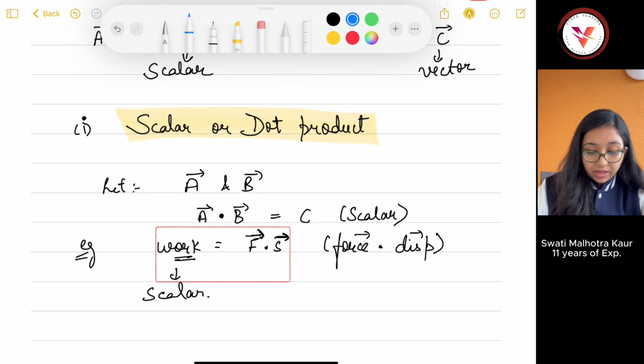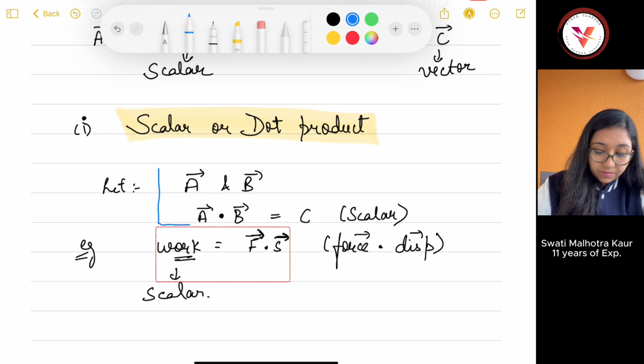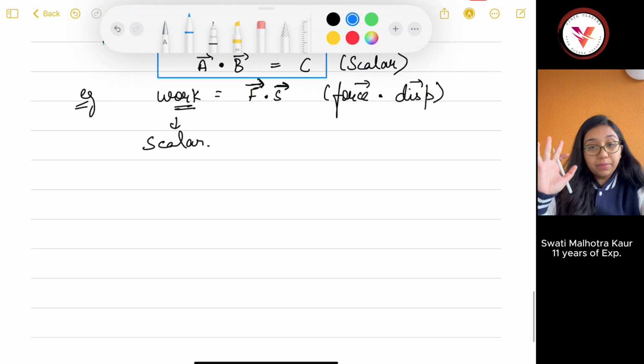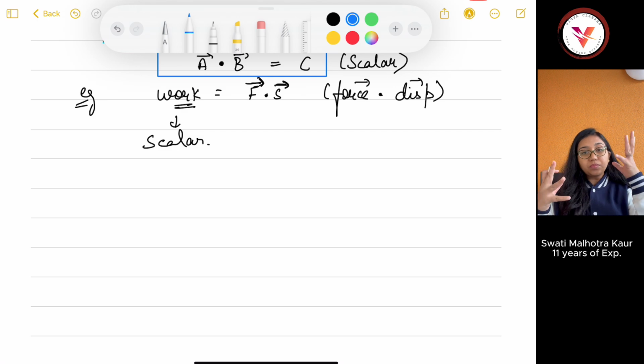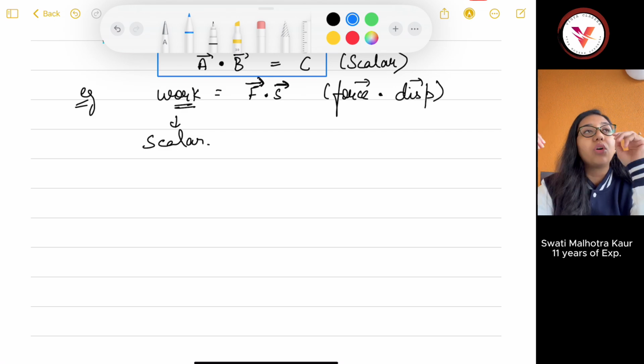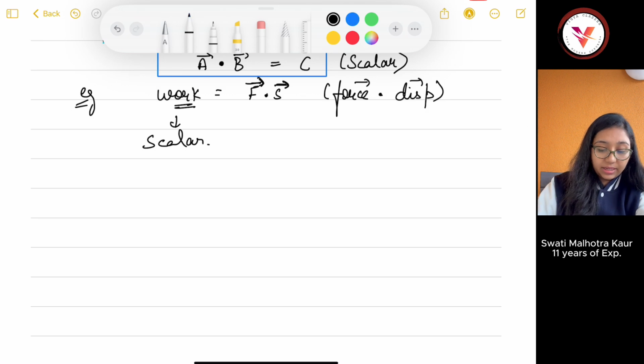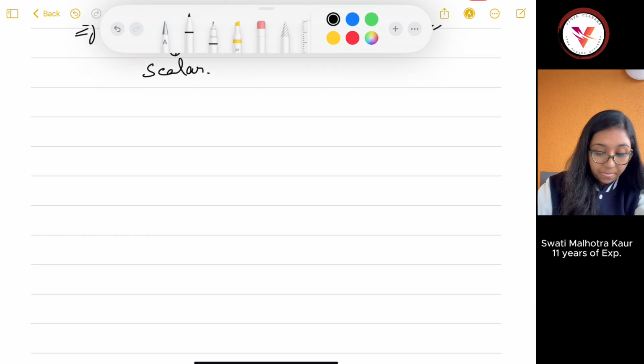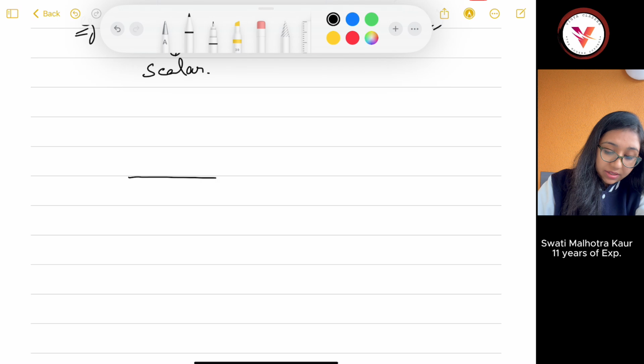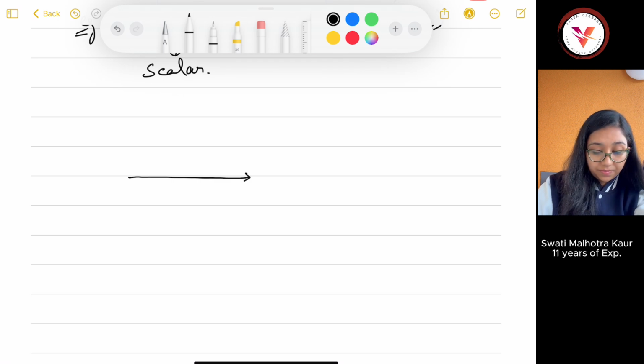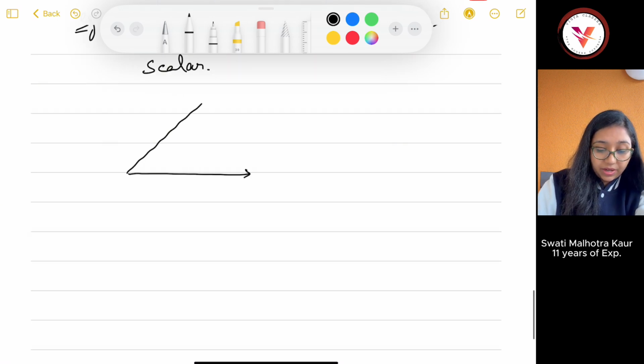Okay. So now, if you have to remember it graphically, or with a diagram, then you can understand it like this. Let's say you have this A vector here. Okay. You have this B vector here.